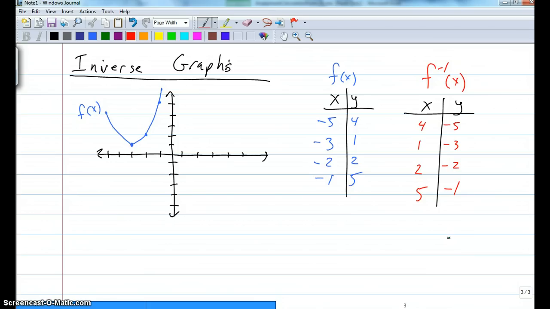So go ahead and plot those points on your graph. I'm at 4, -5, 1, -3, 2, -2, and 5, -1.